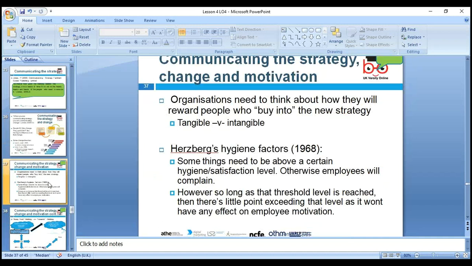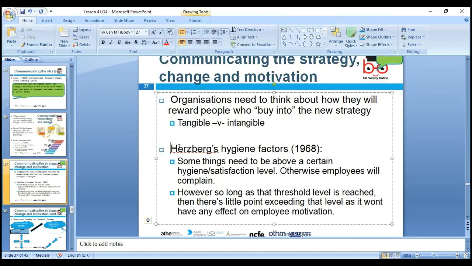Any questions? No. Okay, as we said, communication strategies: Herzberg's hygiene factors. We need to focus on these when we implement change, the motivator and demotivator factors. According to Herzberg, there are two types of factor: hygiene factors and motivator factors.